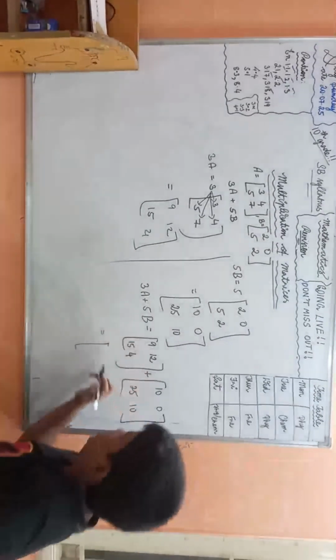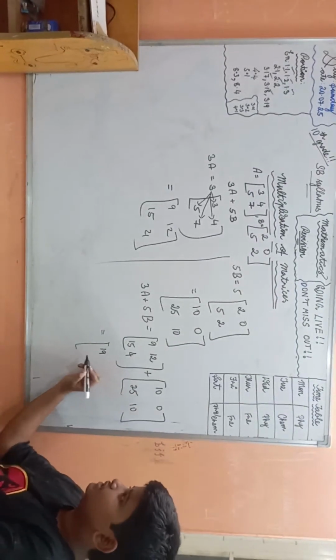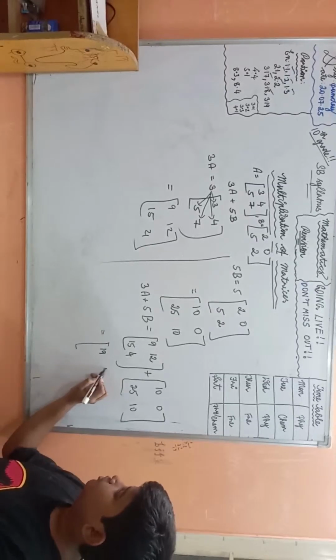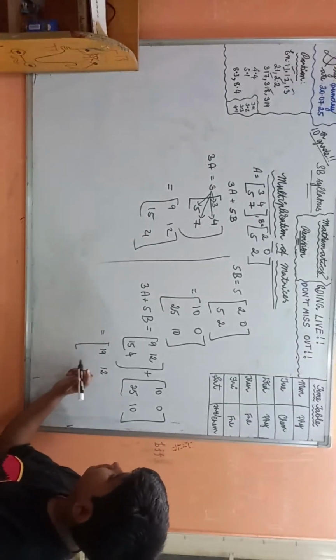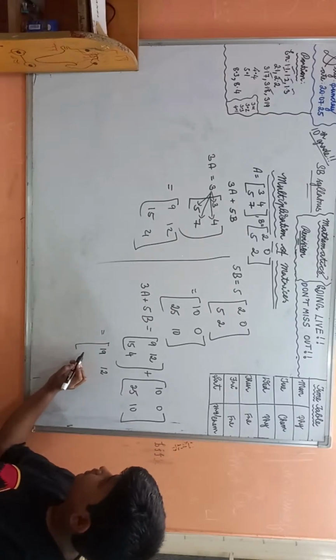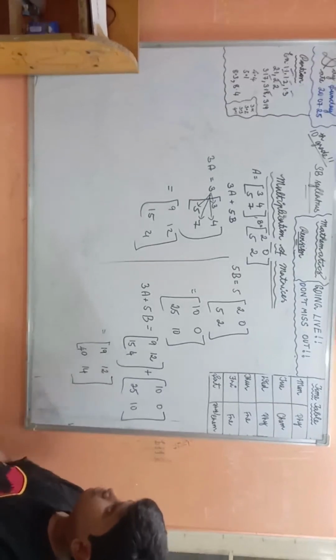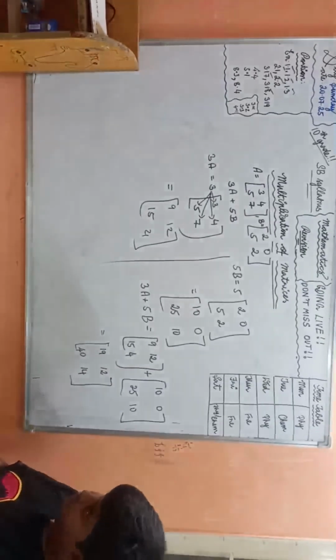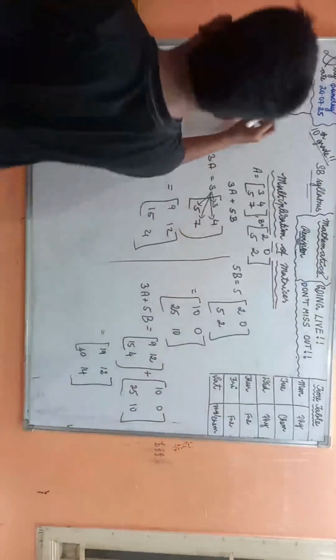So 9 plus 10, 21, just kidding, it's 19. And then 12, 40. This will be the answer. So yep, that's it. Officially, we have done 3.19 here.